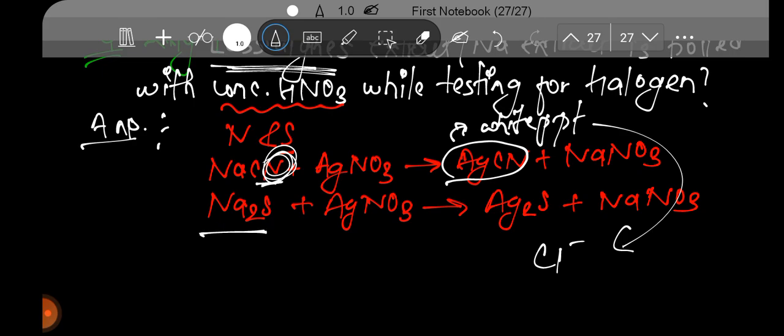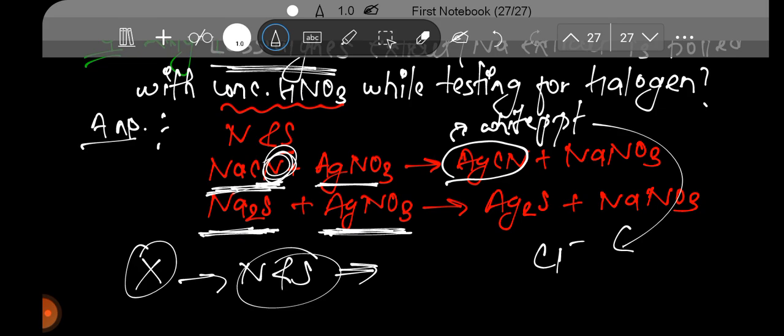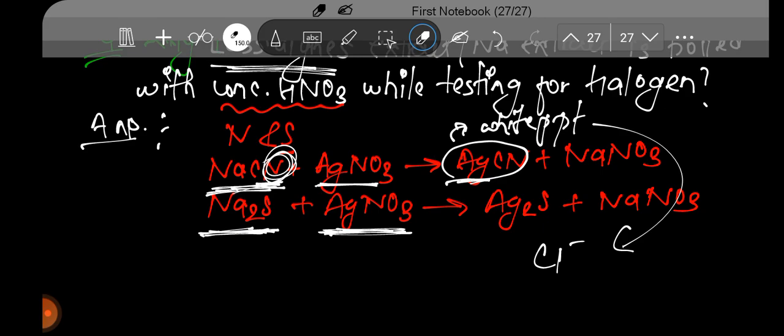Likewise, in a halogen compound we can have nitrogen and sulfur, which react with sodium extract to form NaCN and Na2S, and NaCN reacts with silver nitrate to form AgCN, which gives a white precipitate.